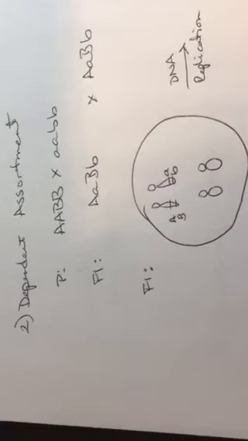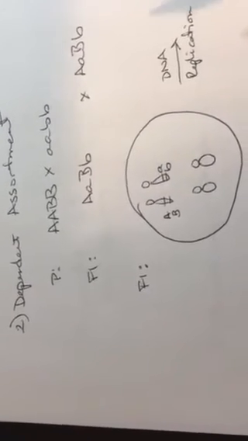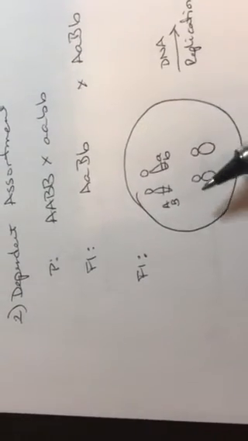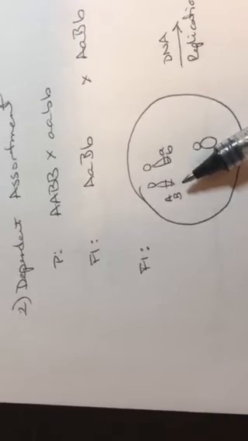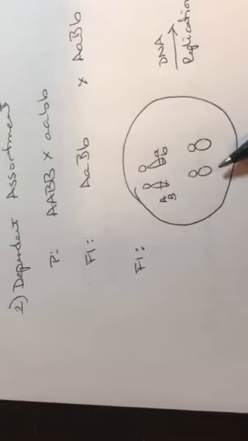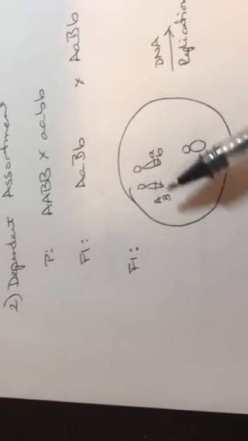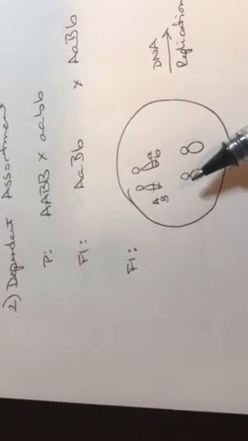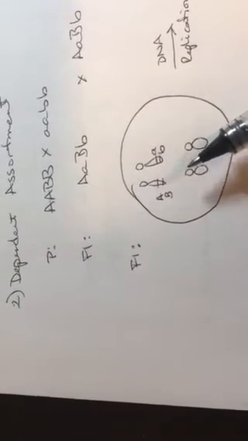They will segregate together. So I've tried to illustrate that here by putting them, first of all, on the same chromosome. I've left this other chromosome here just to make it clear that this is still the same individual with two chromosomes, two of each.